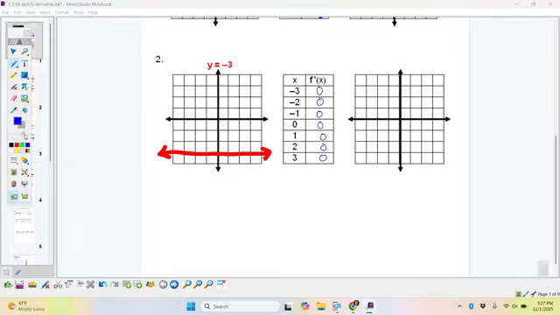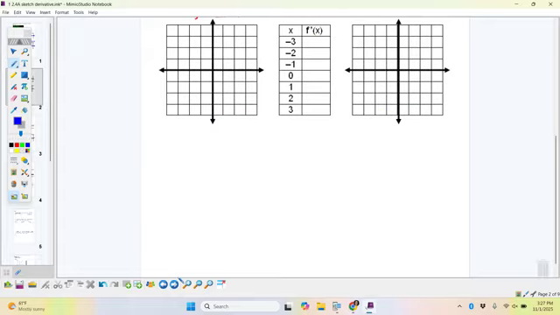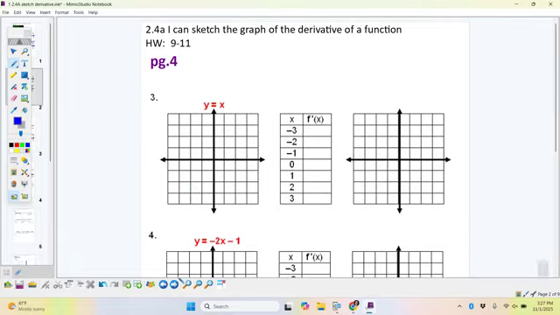So we're going to plot those points. Connect the dots. And the equation of the new graph, the derivative graph we just graphed, f prime of x is 0. I promise they won't all be so straightforward.